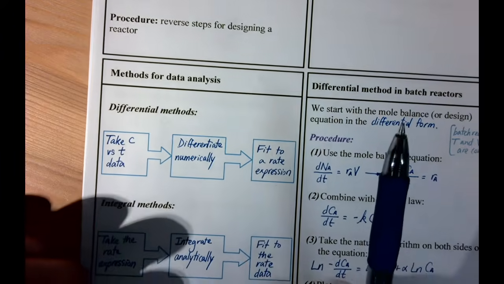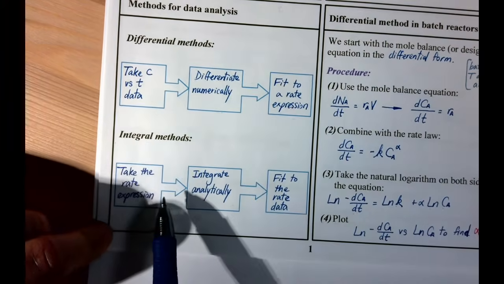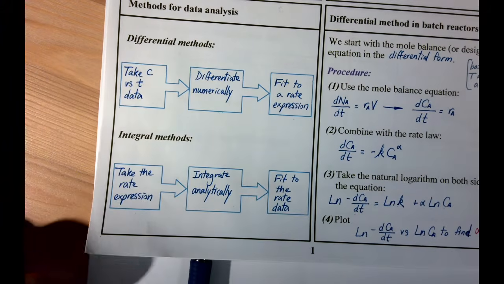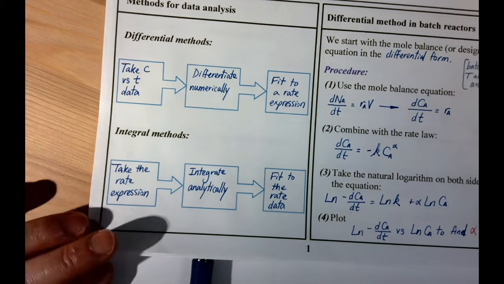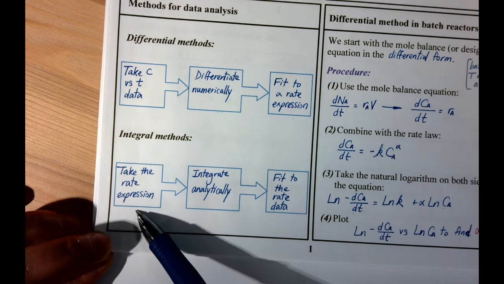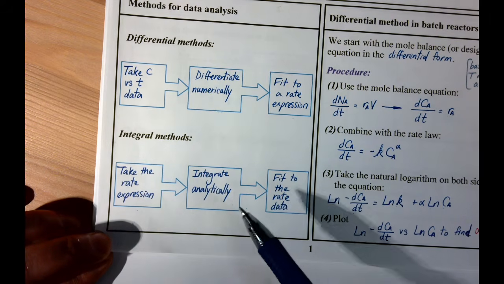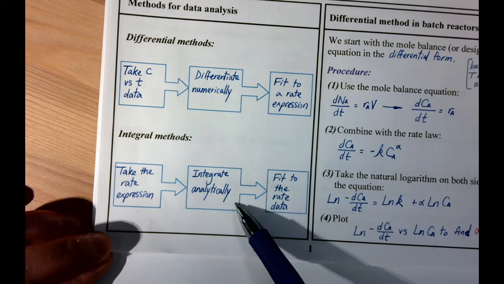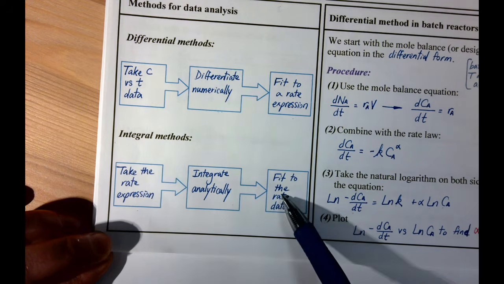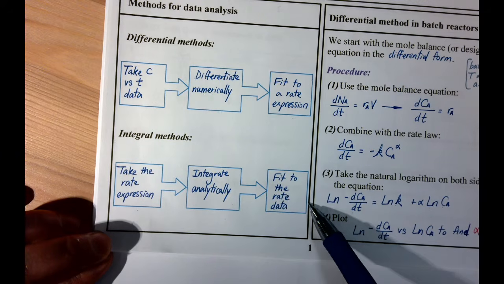In the integral method, we start with a guess. And in this case, we didn't have to guess a lot because it already told us that it's second order. But we take a guess for what the rate expression is. We integrate with respect to the guess that we took, and then we see how it fits with the experimental data.